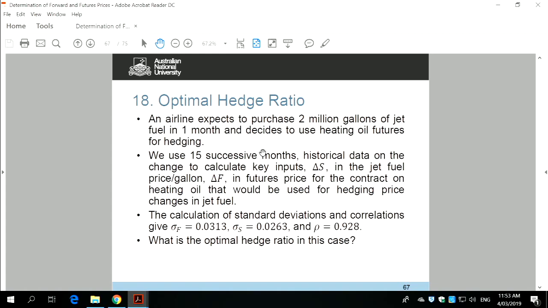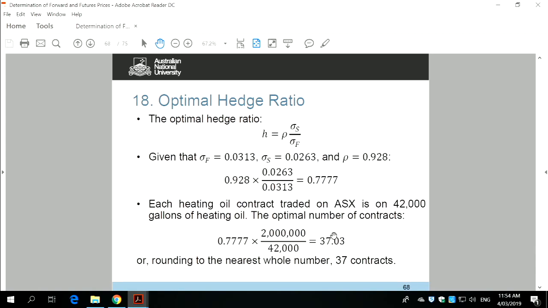Based on the historical data, you're able to calculate the standard deviation of the futures price over the past 15 months, and the standard deviation of the spot price of jet fuel over the same period. And the correlation between these two fuels is very high, 92.8%. Rho stands for the correlation. The question asks you, what is the optimal hedge ratio here?